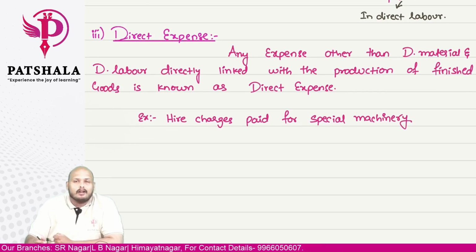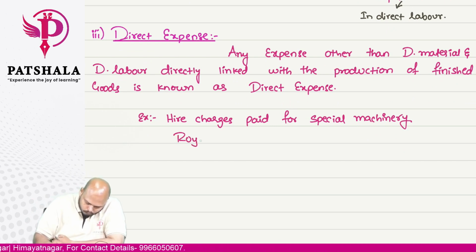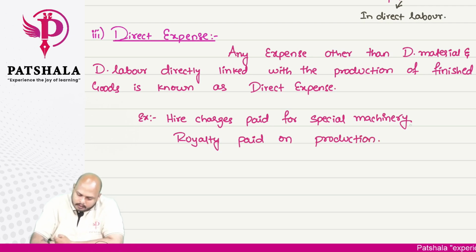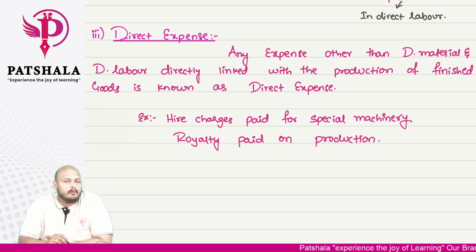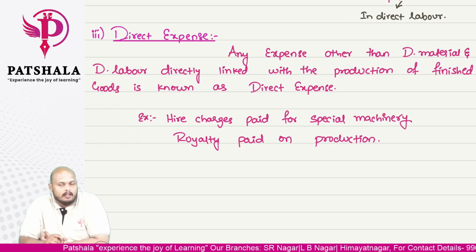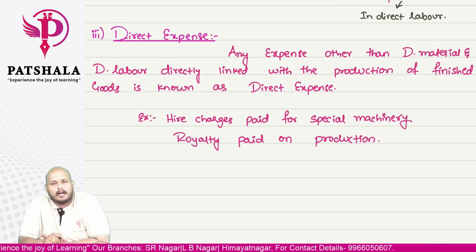Not only that, royalty paid on production. Generally we will see books they sell in the market, but the author of the books will be different and the publishing company will be different. For example, financial accounting, the author is Ravikant Miryala, but the book is published by Himalaya Publishers.